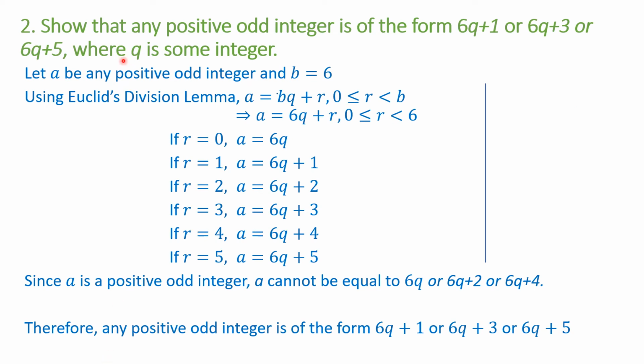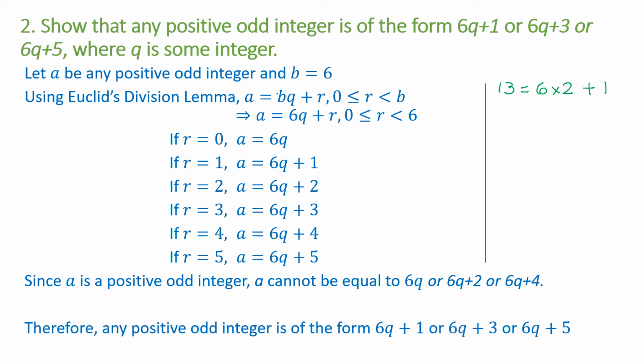So the second question is: show that any positive odd integer is of the form 6q plus 1 or 6q plus 3 or 6q plus 5. Again, let me explain with the help of a few examples. The same example that we took earlier, 13: if I want to write it as a multiple of 6, this is going to be 6 twos are 12 plus 1.